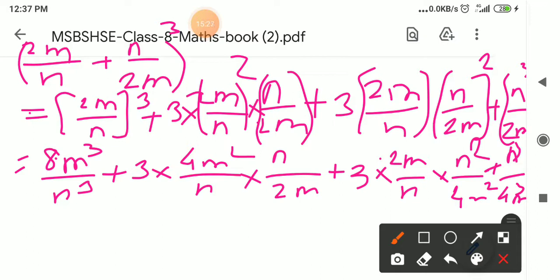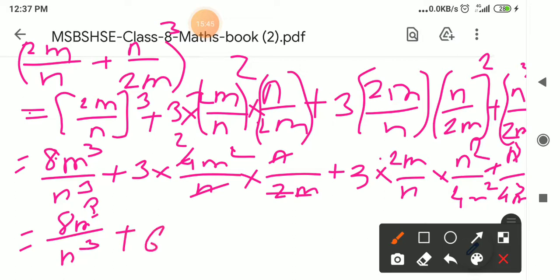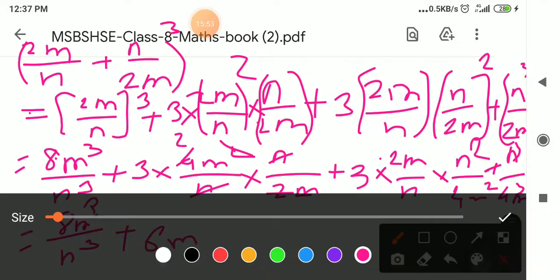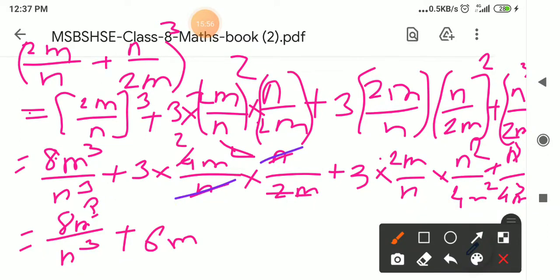Okay, so here let us cancel which terms get cancelled. M 2 1s are 2, 2 2s are 4. 1 m cancels with this square, n cancels with this. So what remains? First of all 8m cube upon n cube plus 3 2s are 6, here it was 2, 3 2s are 6, and here only 1 m remains. Now inside this, this n cancels with these n's, 2 m's are there, 1 8 cancels with this, 2 1s are 2 and 2 2s are 4, and this 2's multiplication is 6, and remaining m we write as it is.